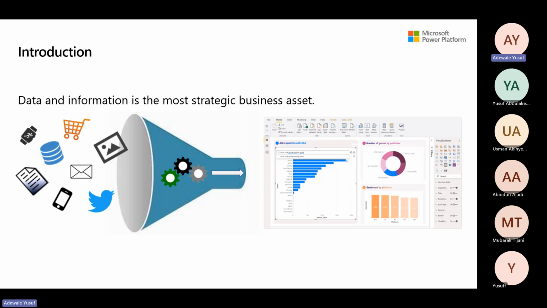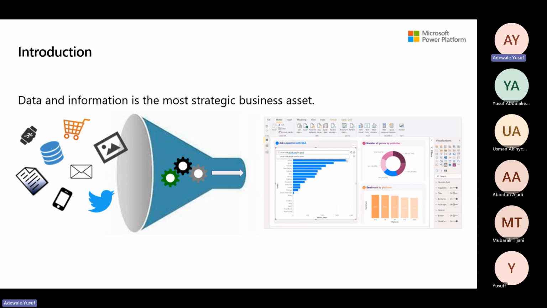Because when it comes to data analysis or business intelligence, data and information is the most strategic business asset. And if data and information is a strategic business asset, how do you tell this story for people to understand? How do you tell this story for people to see that you are telling an appropriate story?